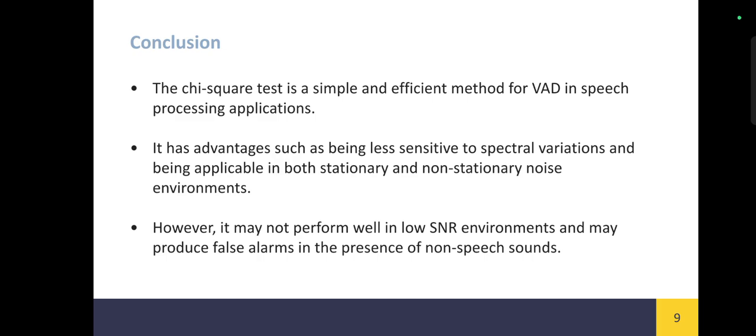It has advantages such as being less sensitive to spectral variations and being applicable in both stationary and non-stationary noise environments. However, it may not perform well in low SNR environments and may produce false alarms in the presence of non-speech sounds.